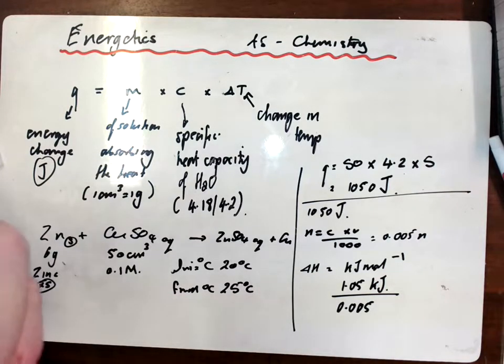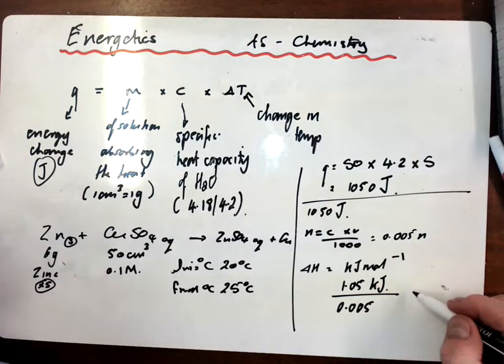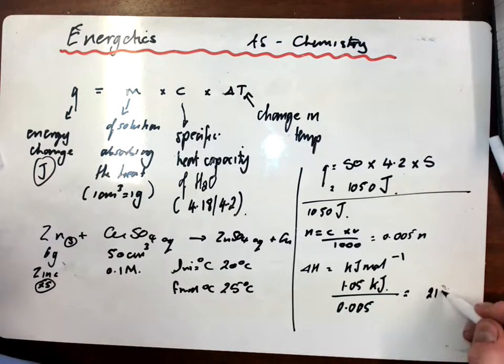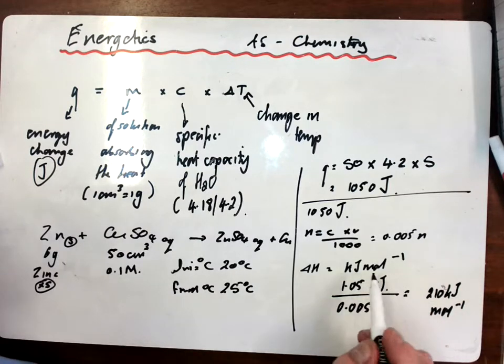So I'll take my 1.05 and divide it by 0.005, and that will give me a value of 210 kilojoules per mole.